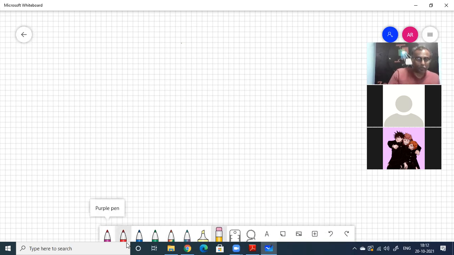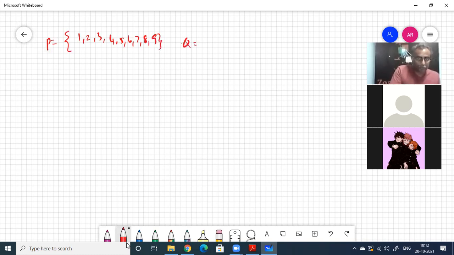So in roster form, P is equal to 1, 2, 3, 4, 5, and Q is equal to 1, 3, 5, 7, 9, and then R is equal to 2, 3, 5, 7, 11, 13.